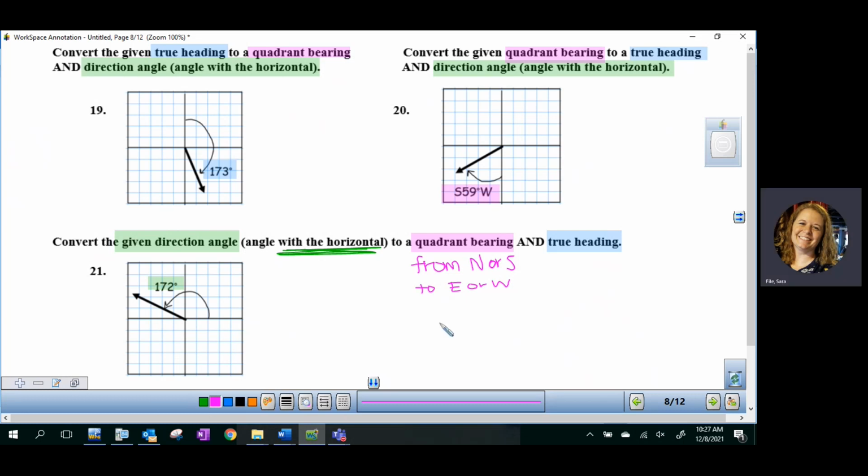And so it's got to be between 0 and 90 degrees, because a quadrant is only 90 degrees. It's got to be somewhere between there. A true bearing is from the north, and it's clockwise.